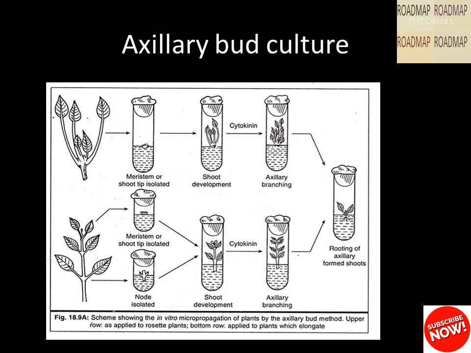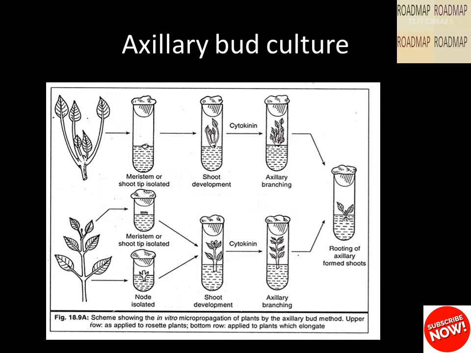Further, shoot development takes place, then the cytokinin is added. So a high level of cytokinin is added in this, and axillary branching takes place further, which allows the rooting of axillary formed shoots, and then it is easy to develop a plant.